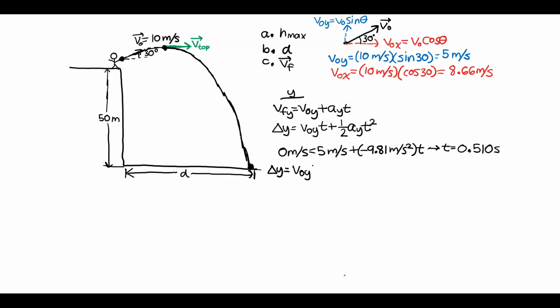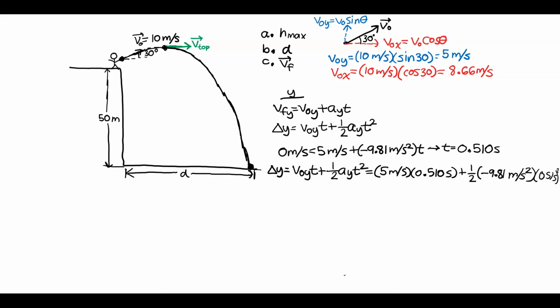So I'm just going to write the equation, and we get v naught y, 5 meters per second, times 0.510 seconds, plus 1/2 times negative 9.81 times 0.51 seconds squared. Okay, just have to cram that in there.